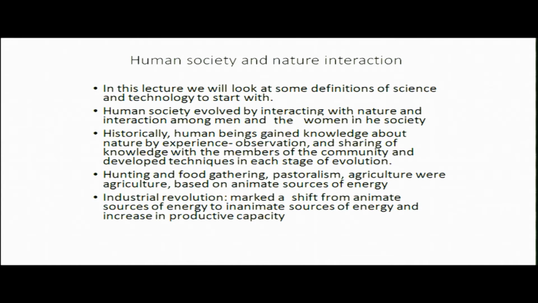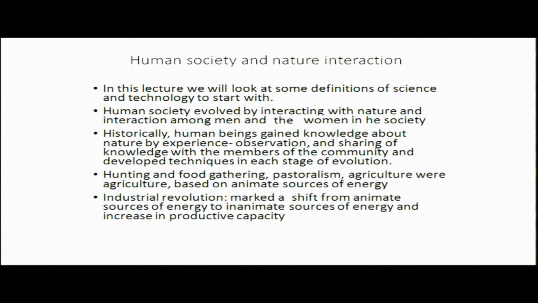Human society evolved by interacting with nature, by interaction among human beings, by men and women in the society. Historically, human beings gain knowledge about nature by experience, observation and sharing of this knowledge with the members of the community, and develop techniques in each stage of evolution on the basis of the empirical experience.